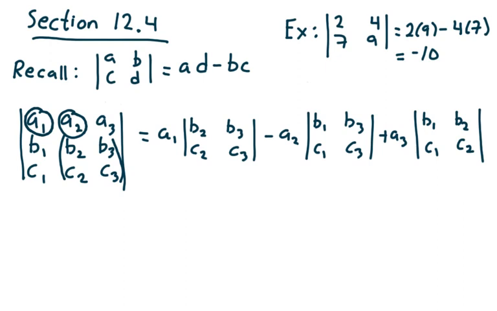And then following along that pattern, I'm going to add A3 and multiply by the determinant of the submatrix B1, B2, C1, C2, and that's found by eliminating the row and the column that contains A3. So you can see I'm just looking at this piece right here for that last term.